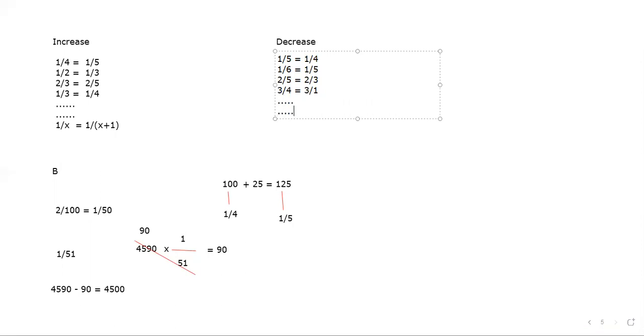Okay, so now what is there? If it is a 1 upon x decrease, then the increase of the new figure would be equal to 1 upon (x minus 1). So this is the point here. Please bear these two things in mind.